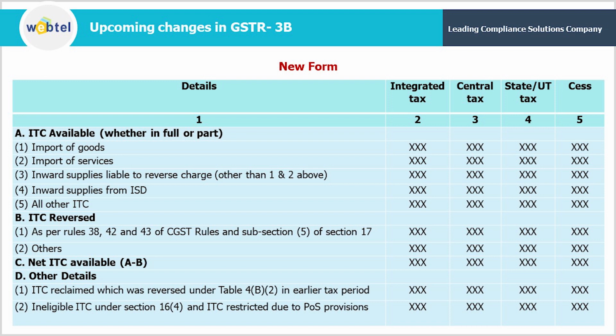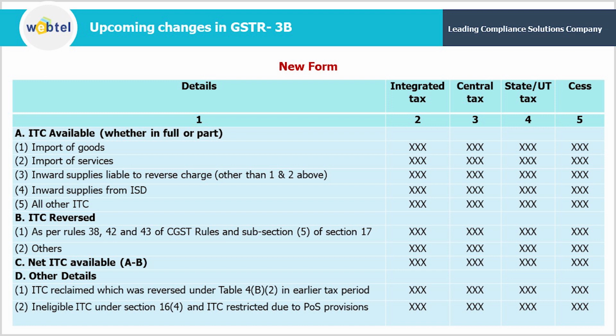Further, all such reclaimed ITC shall also be shown in table 4D1. Table 4B2 may be used by a registered person for reversal of any ITC availed in table 4A in previous tax periods because of some inadvertent mistakes.